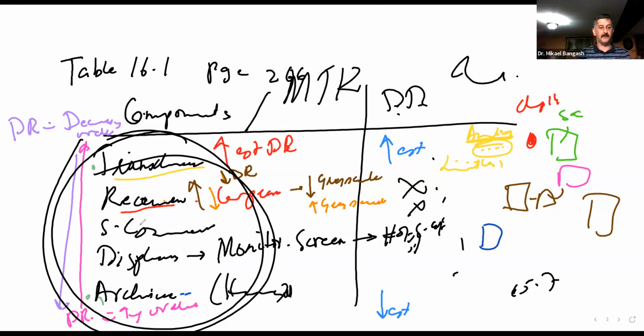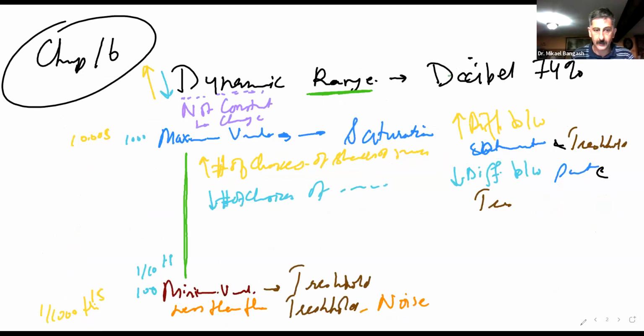After the receiver, where does the signal go? After that, where does it go? So this is a 2-in-1. But the whole thing is that from the beginning, the transducer has the greatest dynamic range.